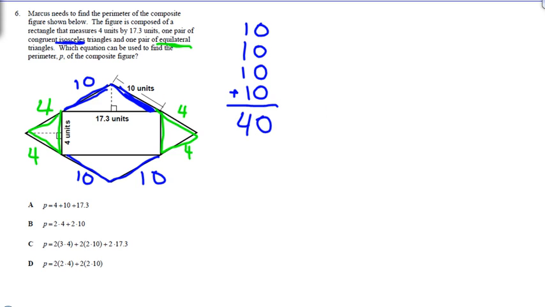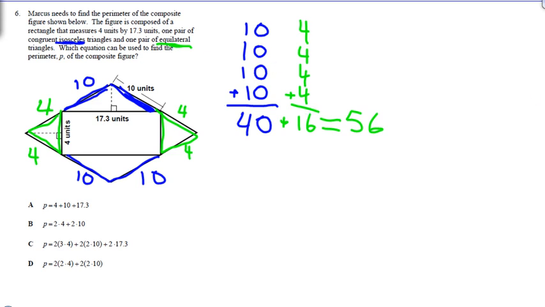I've got these green ones. There's 4, 4, 4, 4, and 4. That's a total of 16. If we combine that together, we get a perimeter of 56. And I'll leave it up to you to figure out which of those equations matches what we just did.